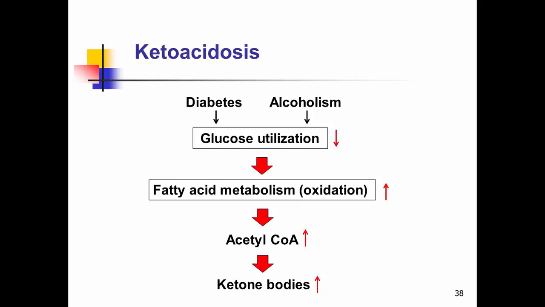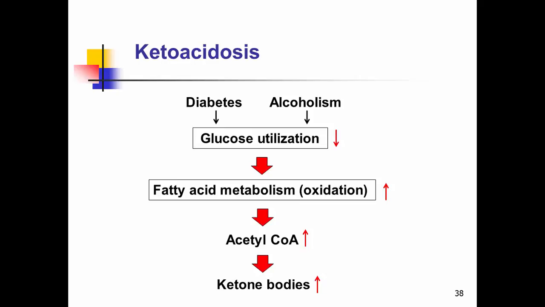And in terms of alcoholism, alcohol, ethanol, is reported to inhibit gluconeogenesis, right? So you cannot make glucose, particularly during fasting. And usually alcoholics have problems like vomiting, and they also don't eat a lot of food, right?